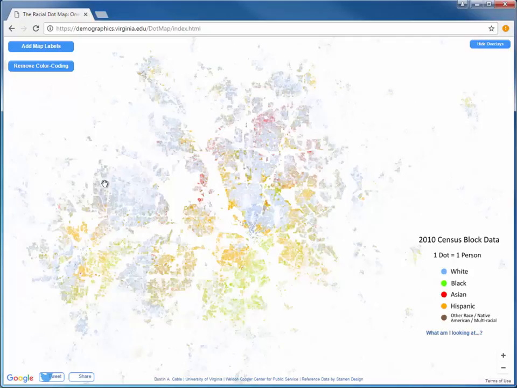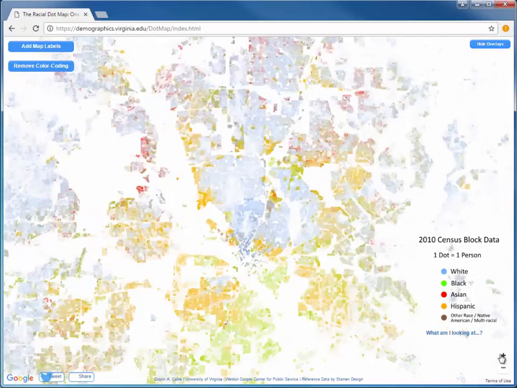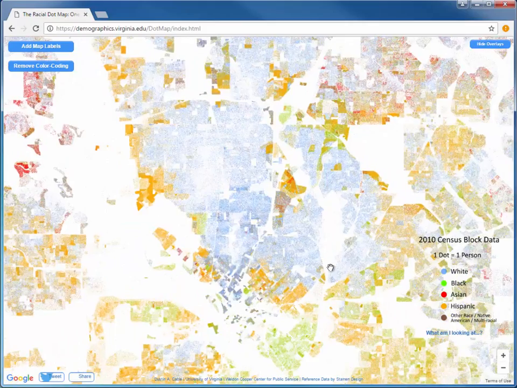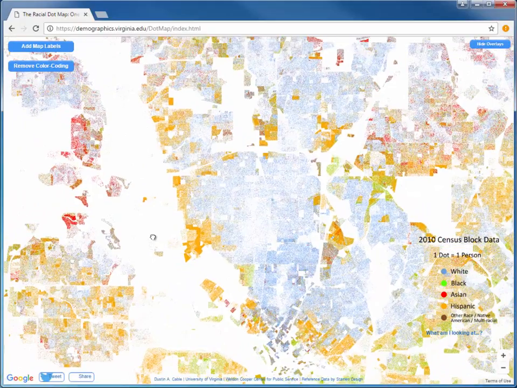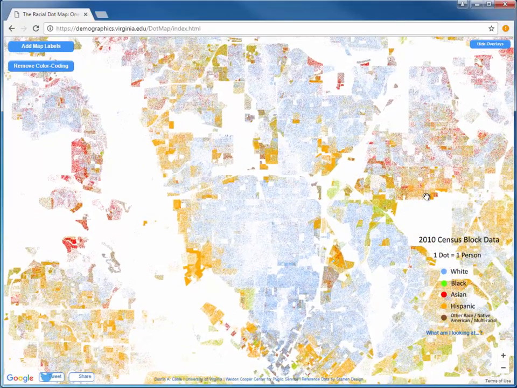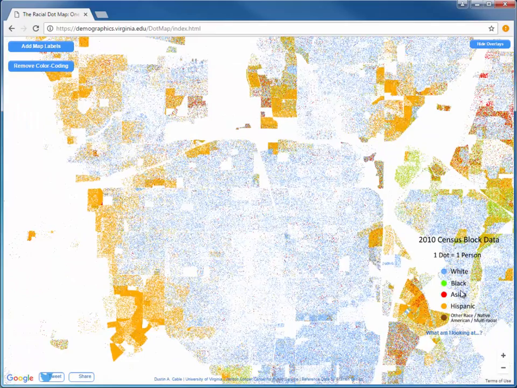We have regions that have white populations in them. And you can see some of those patterns, some aggregations, but we also see, as we get closer in, we see a lot more detail. So the picture certainly looks different.